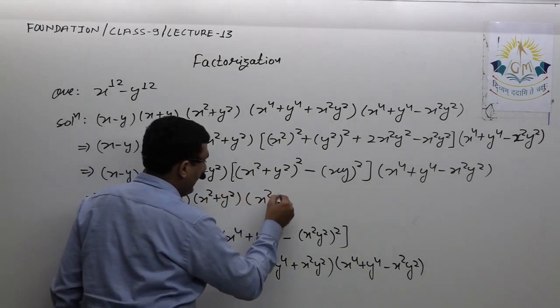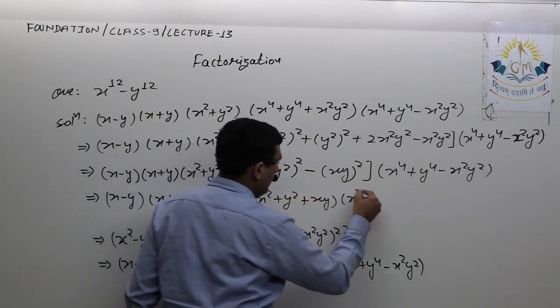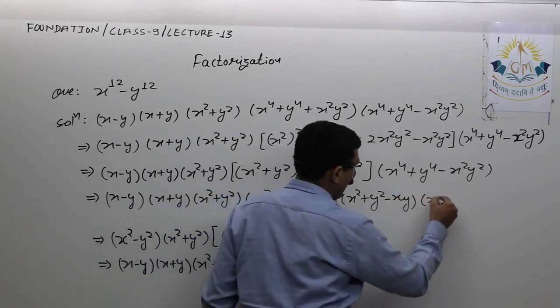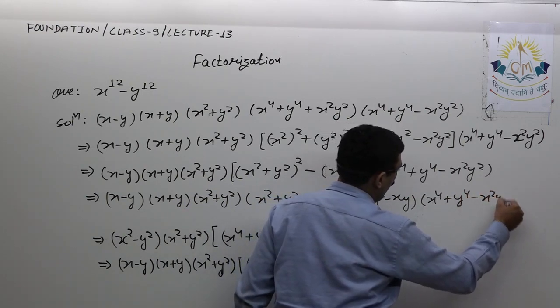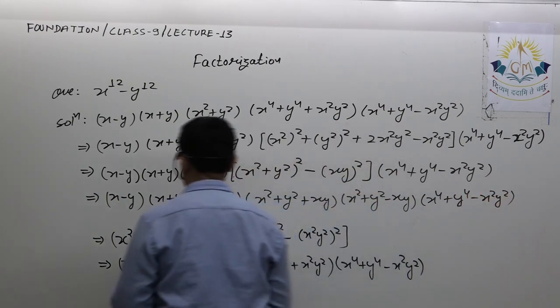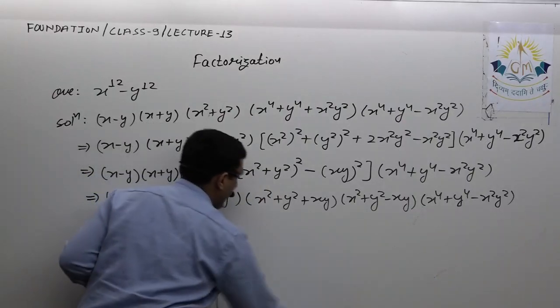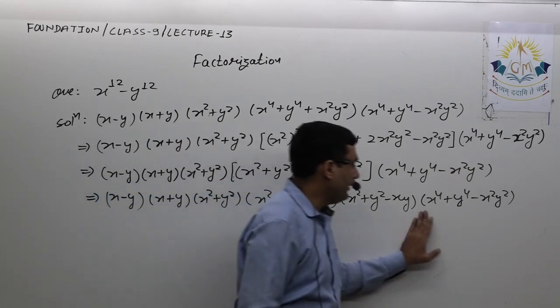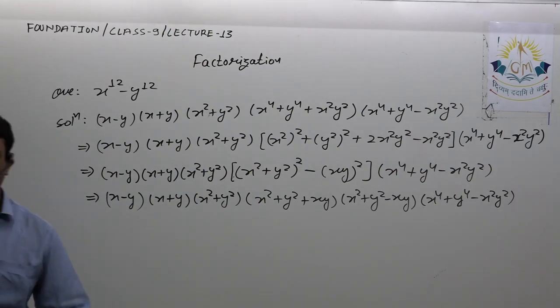Now this is a plus b into a minus b, and this x raised to 4 plus y raised to 4 minus x square y square as it is. So this is my final answer. How many factors are there? 1, 2, 3, 4, 5 and 6 factors are there. So please note down this remaining solution.